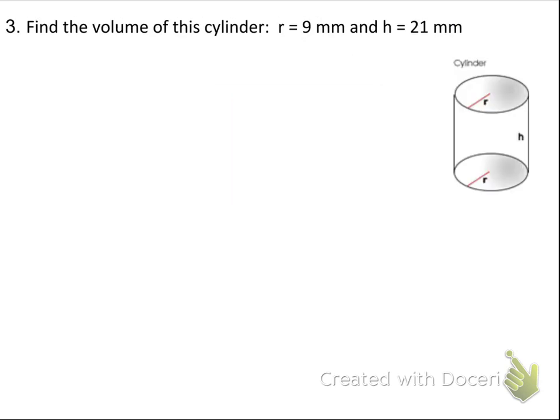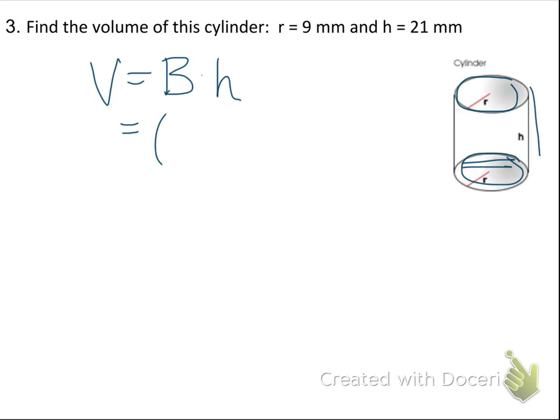A cylinder also is still a prism. We've got a circle on each end, and how far they are apart is the height. So the area of the base multiplied by the height. In this case, the base is this circle. How do we find the area of a circle? Pi r squared, and then we multiply by the height.